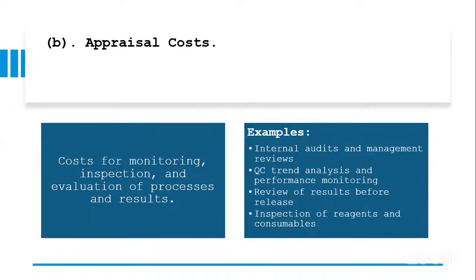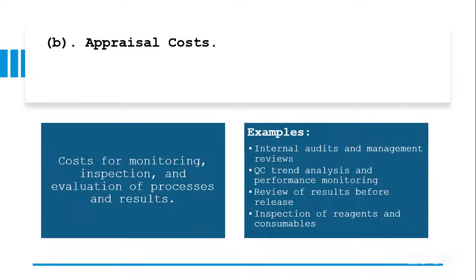For example, we want to see how our systems are working well, so we have internal audits. An internal audit has a budget. There's a budgetary allocation to internal audits. There's a budgetary allocation to management review meetings or sessions. They happen at a cost. So we must be cognizant of this cost. How do we factor in this cost when it comes to service delivery?